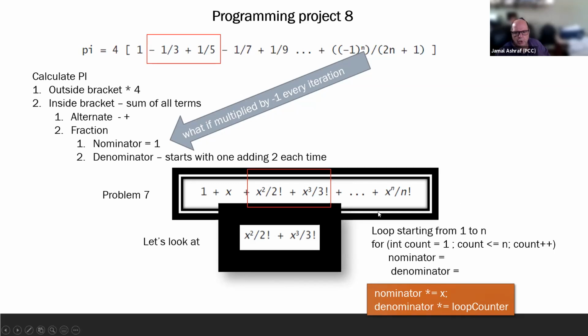All right, so if I create a loop from 1 to n, that means I'm going to have some kind of loop counter that's going to go from 1 to n. And here I want it to be 3. So this is going to be 1, 2, 3. I'm starting with this one to have a 3 here. So in the denominator, I would take my denominator multiplied by the counter that I have.